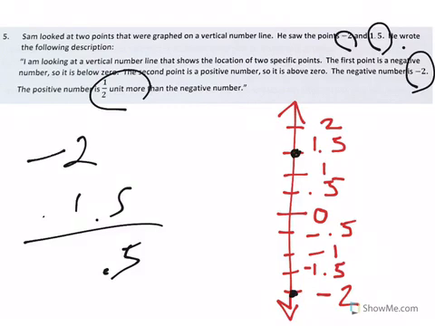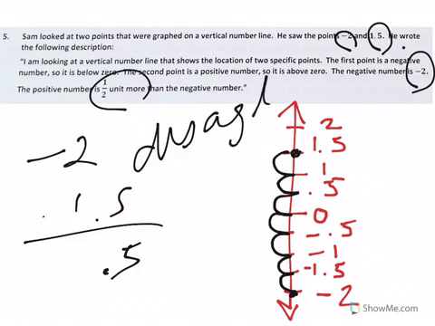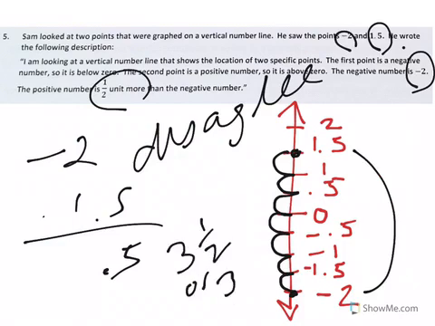So to look at it, we'd have to go 1/2 unit, 1 unit, 1.5 units, 2 units, 2.5, 3, 3.5. So this would be another disagree, because the difference between -2 and 1.5 is actually 3.5 units.